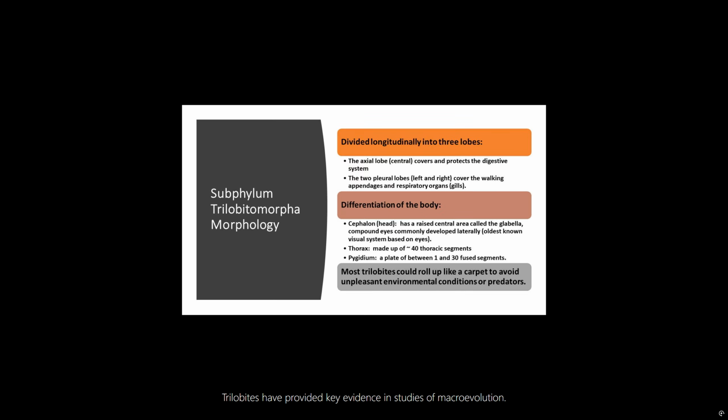Trilobites are divided longitudinally into three lobes. The axial lobe in the center covers and protects the digestive system. The two pleural lobes on the left and the right cover the walking appendages and respiratory organs or gills. Their body segments are differentiated into three sections. The cephalon, which is the head, has a raised central area called the glabella with lateral compound eyes.